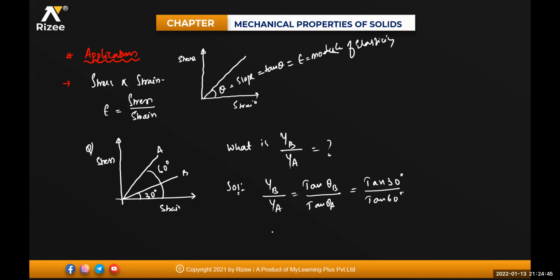Or else, if asked for YA divided by YB, you can write tan 60 divided by tan 30. I hope you know these trigonometric values. You can simplify and get the answer. YB by YA or YA by YB, depending upon the option being asked. Young's modulus is directly proportional to stress by strain.